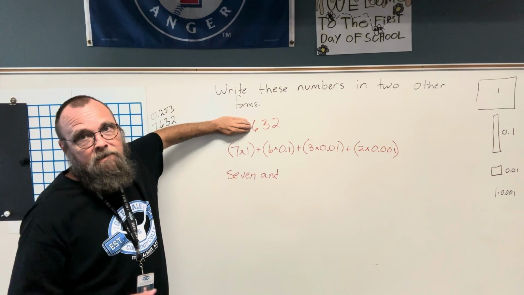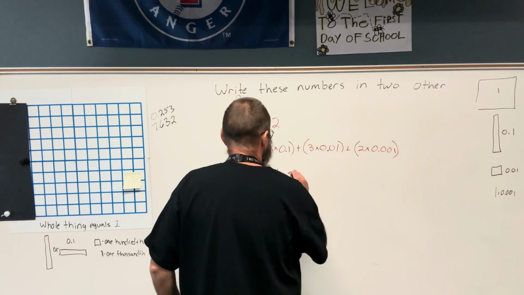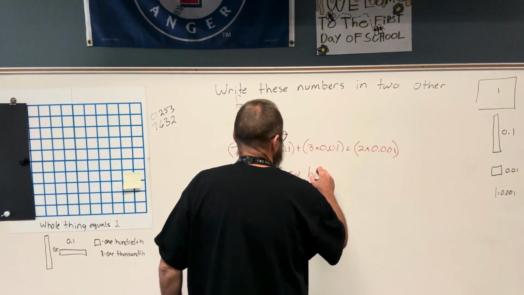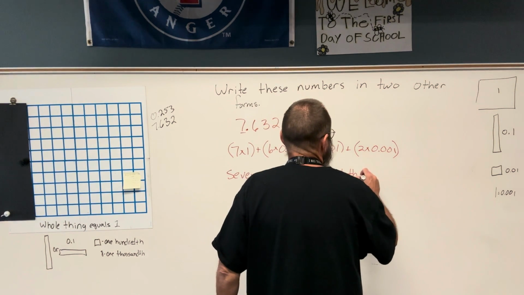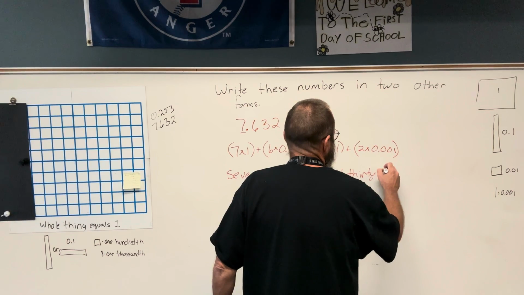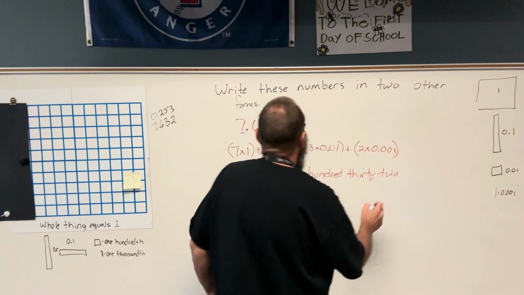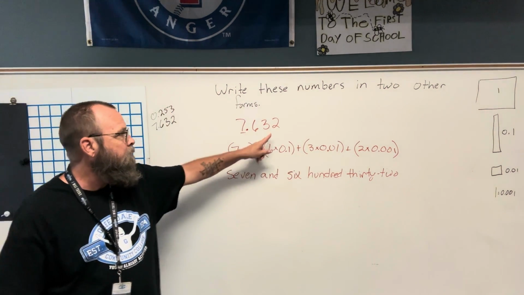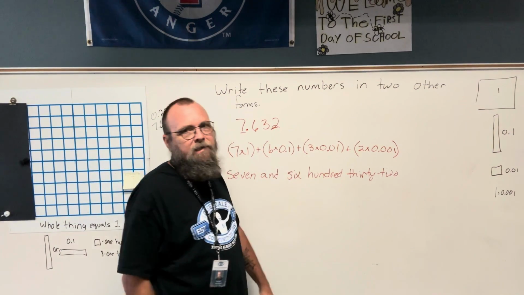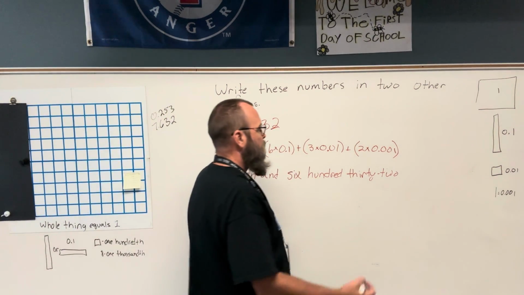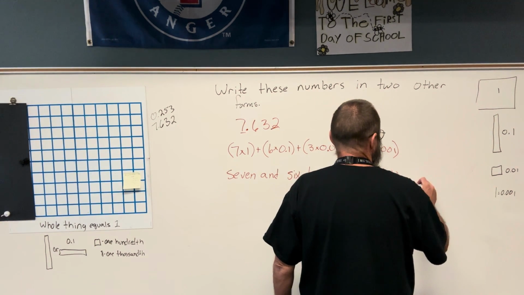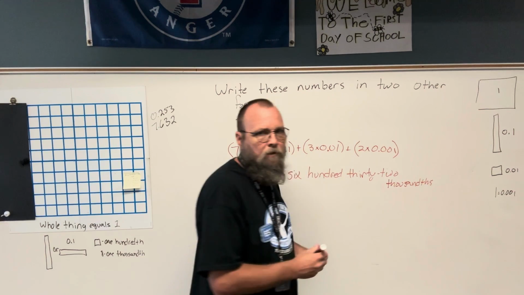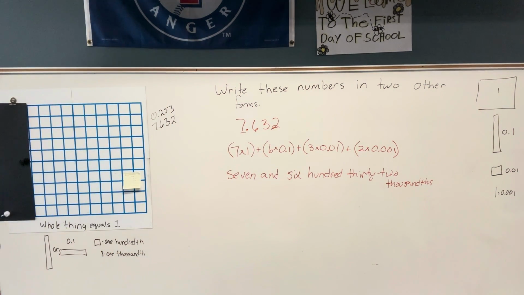So I write 632. Now, after I've done that, I look at the last place value, which is the thousandths. So I write thousandths. Make sure I'm ending it in THS, or I have it wrong.